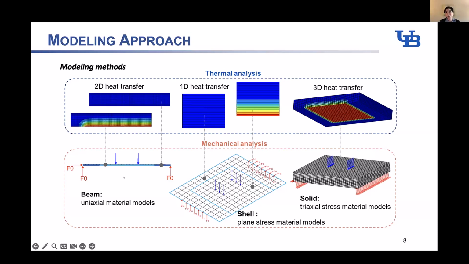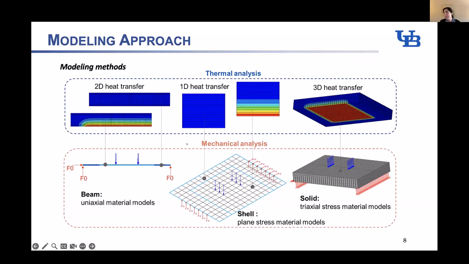In terms of computational effort, we are talking about minutes with the beam section, versus hours to run on a regular computer, no high performance computing here. So minutes versus hours. And in this case, it actually got to days, past 24 hours to run these simulations. So that's another thing to keep in mind.